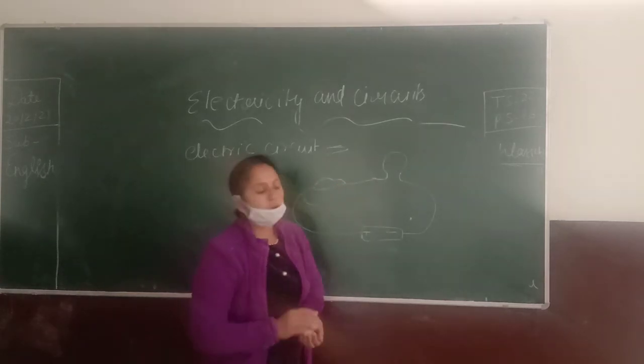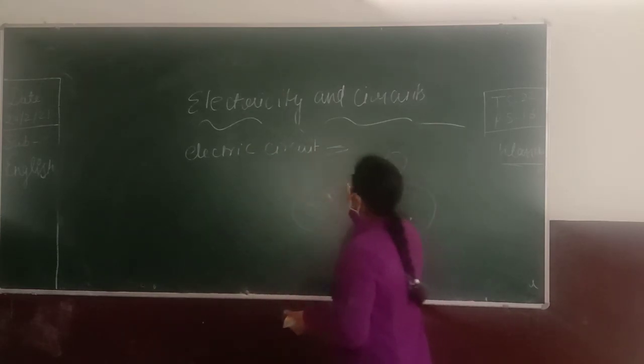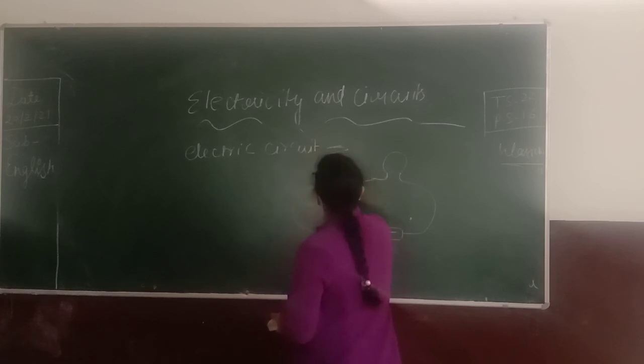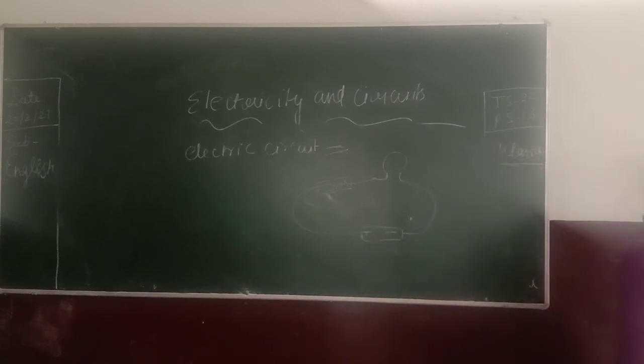Is it clear? Okay. If I replace this pin with an eraser, will it work? No, ma'am. Why? Ma'am, because eraser is a rubber and rubber is not a good conductor.